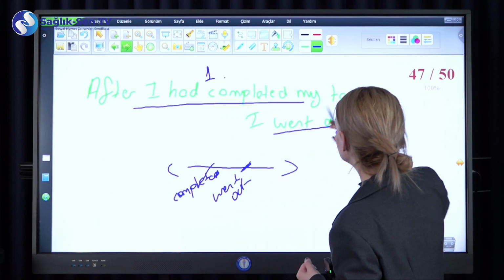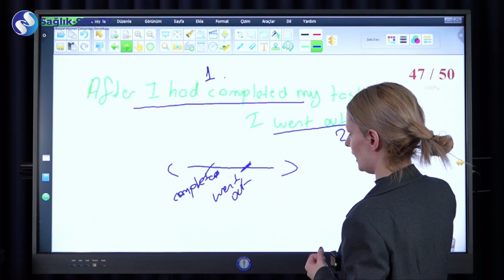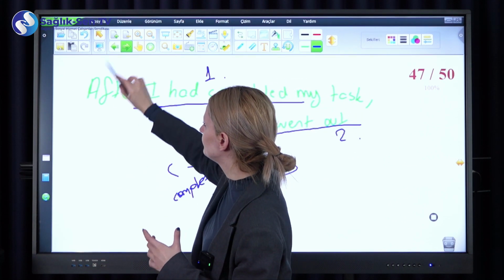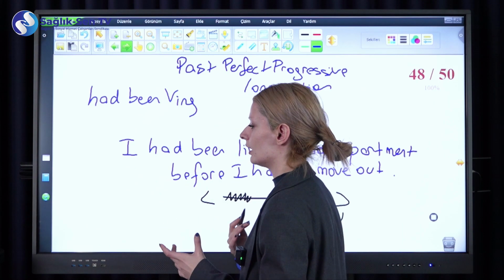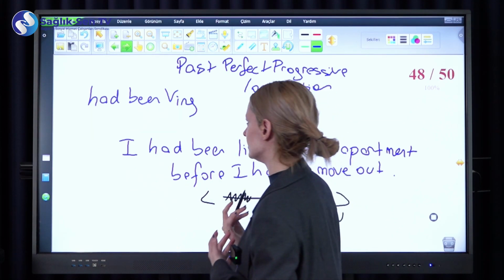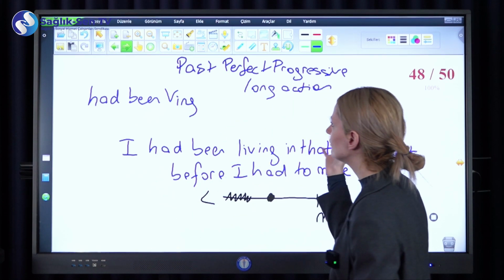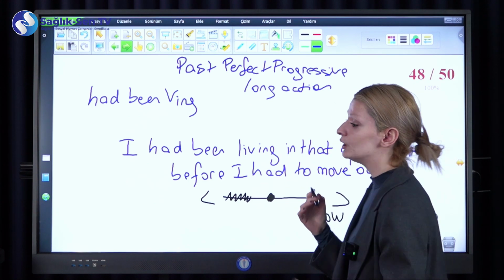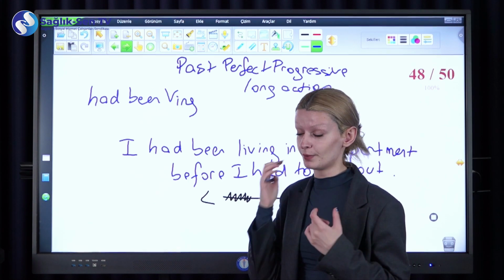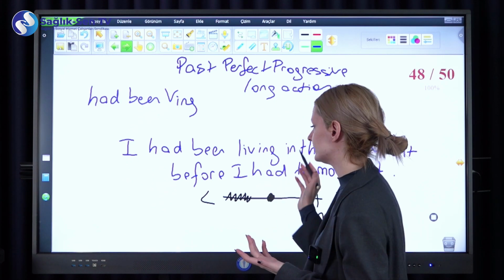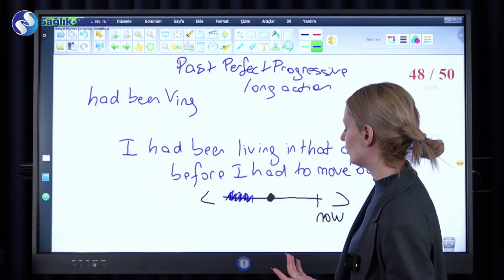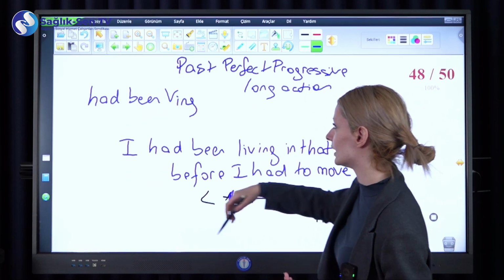After I had completed my task, I went out. As you can see, after, before, and by the time are frequently used in past perfect. We also have past perfect progressive, which gives the same meaning as past perfect, but the only difference is that it was a long action that happened before past simple.